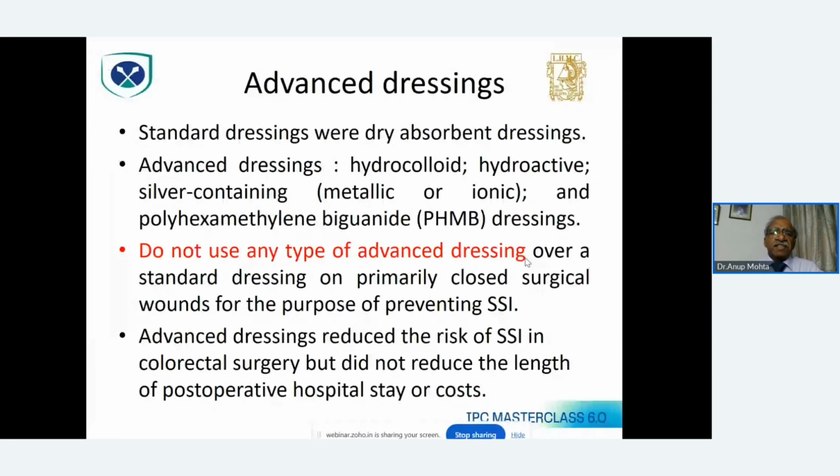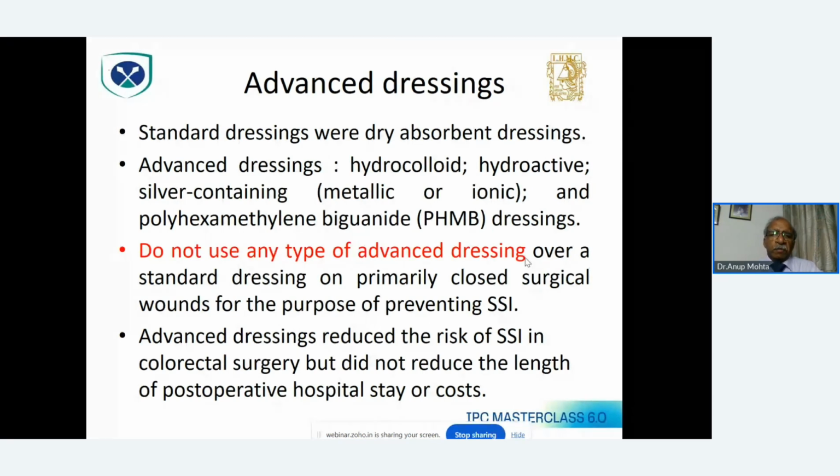Now, advanced dressings include hydrocolloid, hydroactive, silver-containing dressings, or polyhexamethylene biguanide, PHMB dressings. Now, they are being marketed and they are being used also.